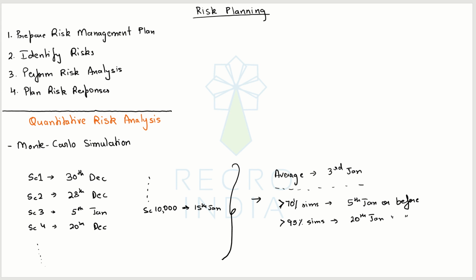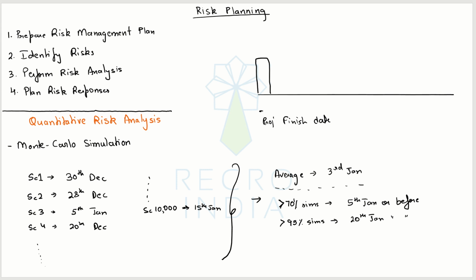Once the experts have done this type of analysis, it can also be presented in the form of a simple bar chart, where on the x-axis we have the different project finish dates, and then we have bars representing the various possible end dates.